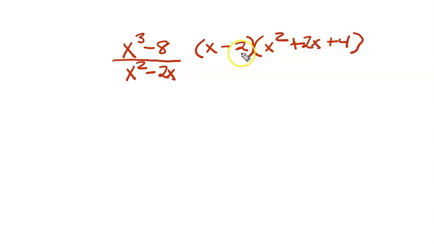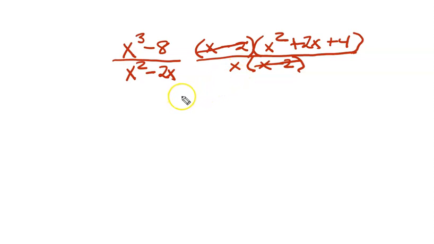And that is the recipe for factoring the difference of perfect cubes. Now, in our denominator, we see we can take out an x, and we're left with an x minus 2. And now we look for common factors. Well, this cancels out of both, so our final answer will be this over this.